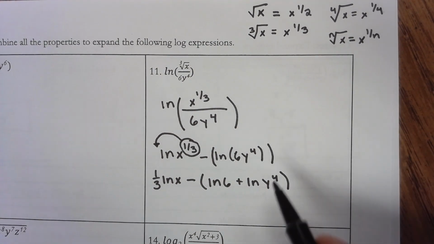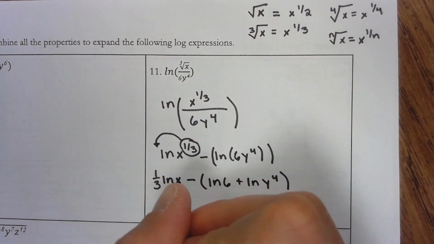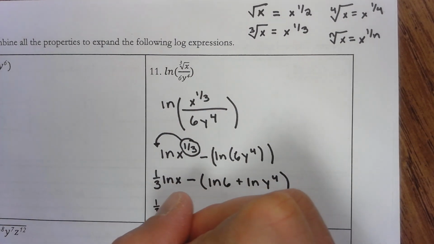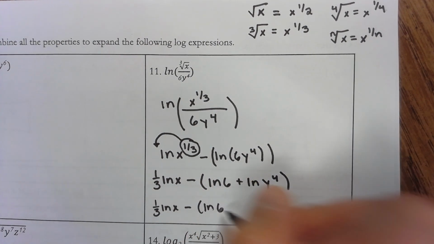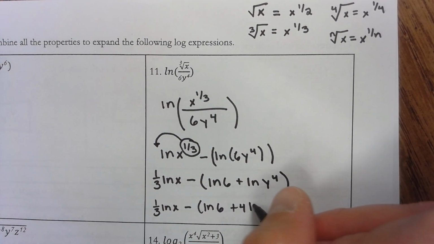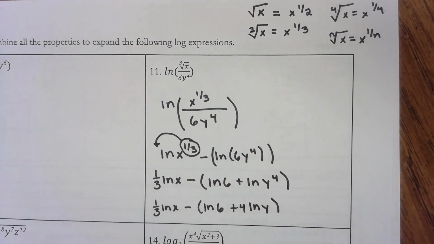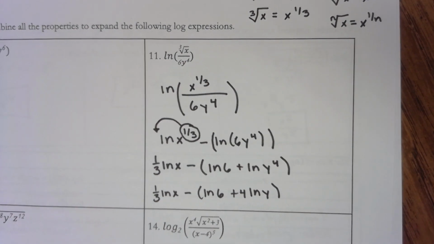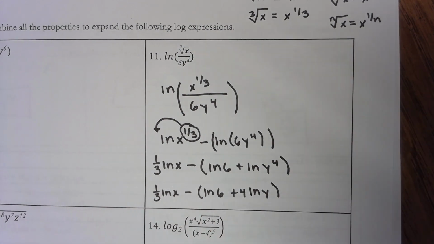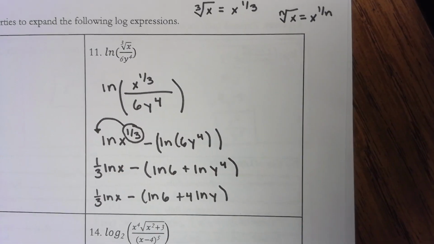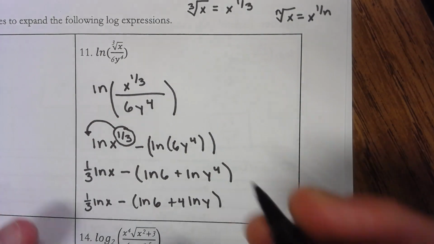I'm also going to move this 4 to become that coefficient. So this is 1/3 natural log of x minus natural log of 6 plus 4 natural log of y. And that is perfectly okay for me saying that that's expanded out correctly.